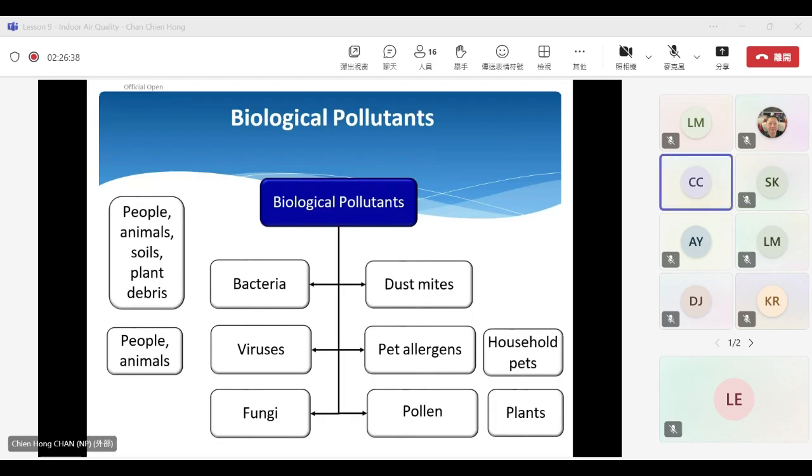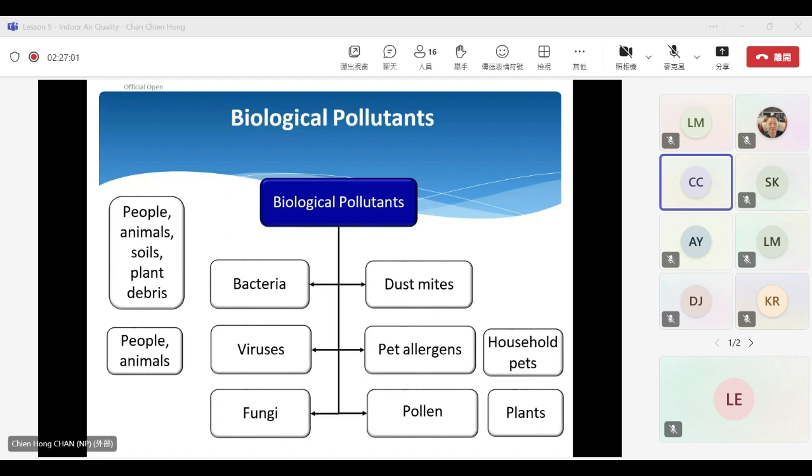There are other biological pollutants, such as bacteria and viruses, that will contribute to the health concern. And these can come from people, animals, plants.